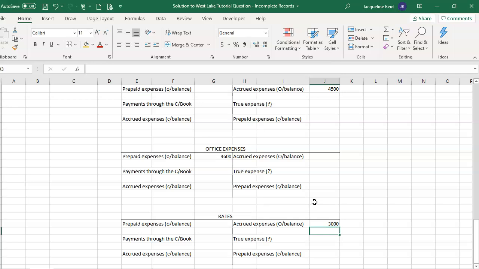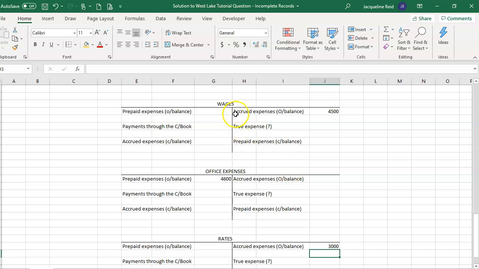The table also gives the closing balances, so let's put them in. So if the accrued expenses opening balance goes on the credit side, it means that those closing accrued expenses will go on the debit side, and the figure for wages at the end of the year was $6,000.